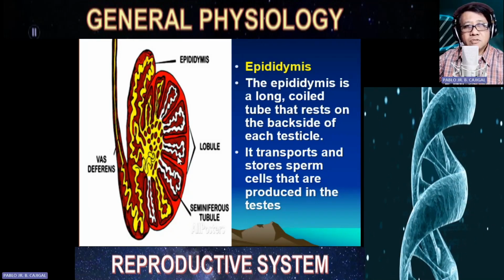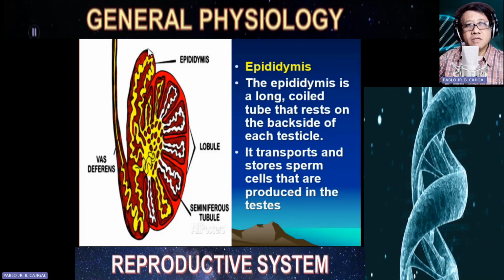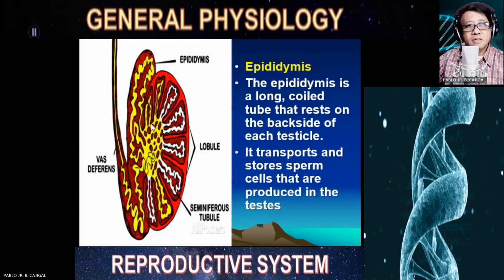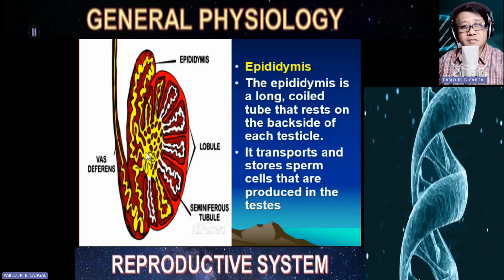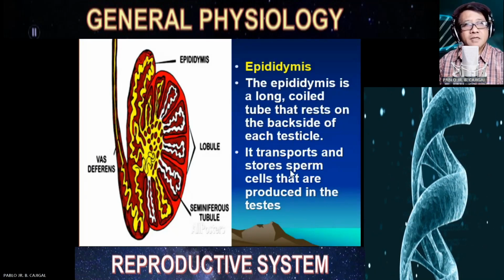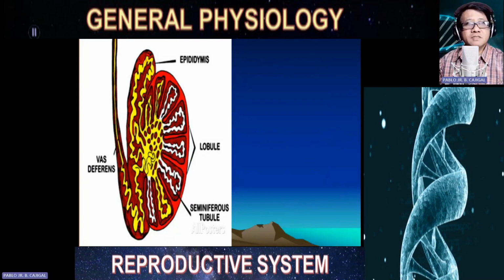So, pag medyo develop na yung sperm, dito sila pupunta sa epididymis. Yan, para nandun muna yung naka-standby yung mga sperm cells dyan. Alright, so yun ang function ng epididymis.